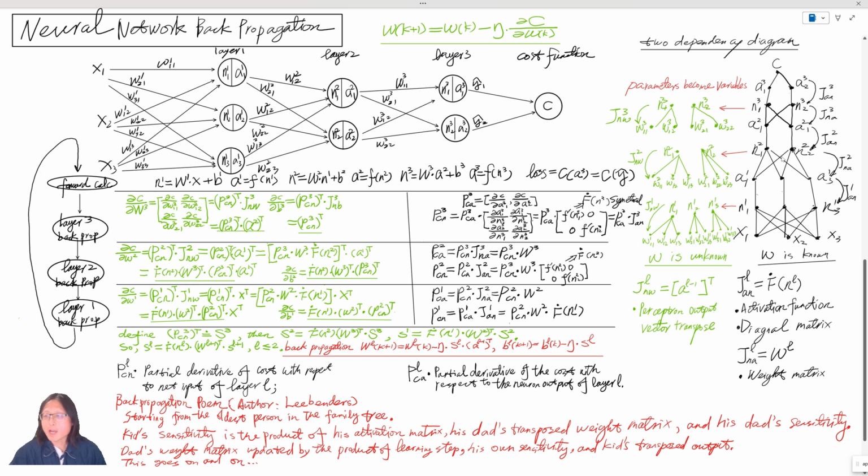The same thing happens to layer 2 and also layer 1. So after one of these backward passes, you get all the partial derivatives for the variables a, z, and also for the parameters w and b.